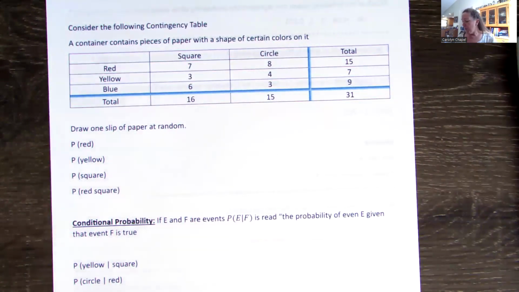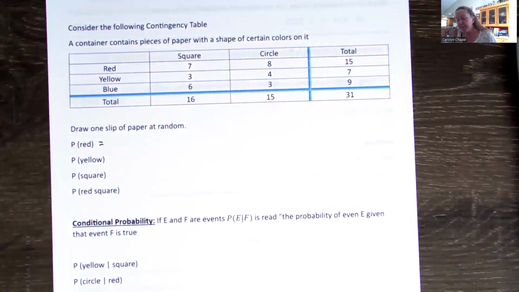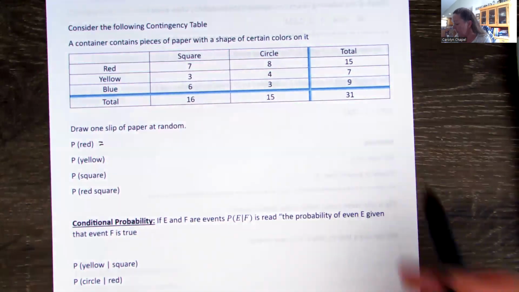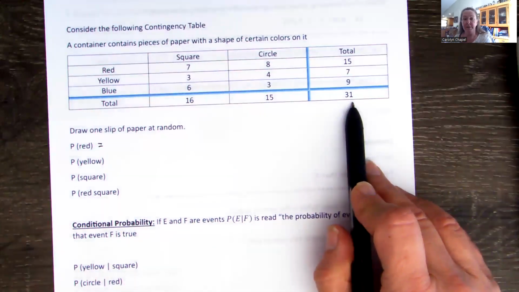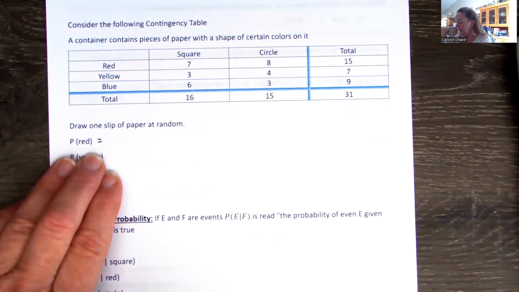What we're going to do is take one slip of paper out of this container at random. And we want to calculate the probability that this piece of paper has a red figure on it. If you remember, when we're talking about probabilities, it's the number of ways that can happen out of the total number of ways. So we have a total of 31 different pieces of paper, and we're looking at the probability it is red.